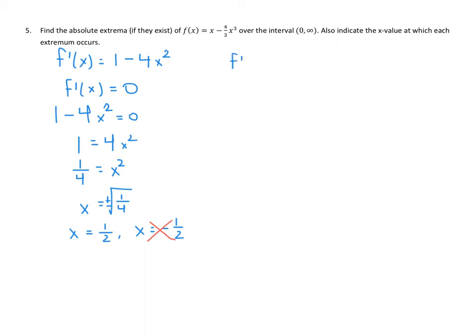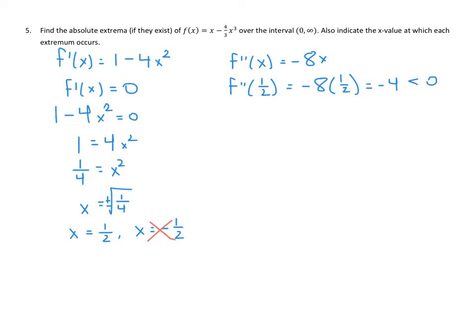F double prime here, taking the derivative of the first, is going to look like a negative 8x. If we plug 1/2 into the second derivative, f double prime of 1/2, we're going to get a negative 4. Since negative 4 is less than 0, our second derivative is negative, which tells us we have an absolute maximum.